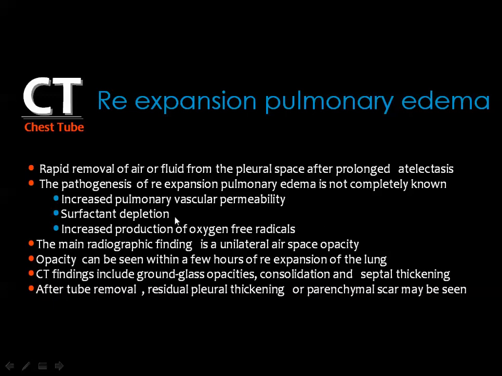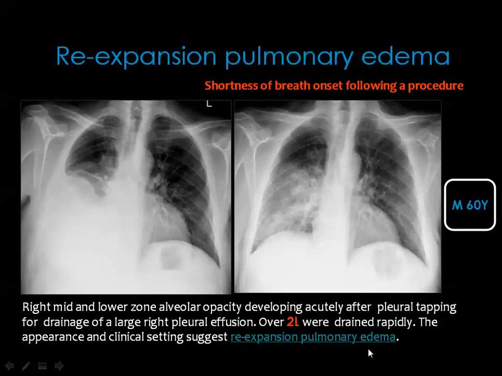There are theories including increased pulmonary vascular permeability, surfactant depletion, and increased production of oxygen-free radicals. But in these patients, you can see adequate drainage of the fluid or air, then opacification of the lung parenchyma due to the presence of pulmonary edema.